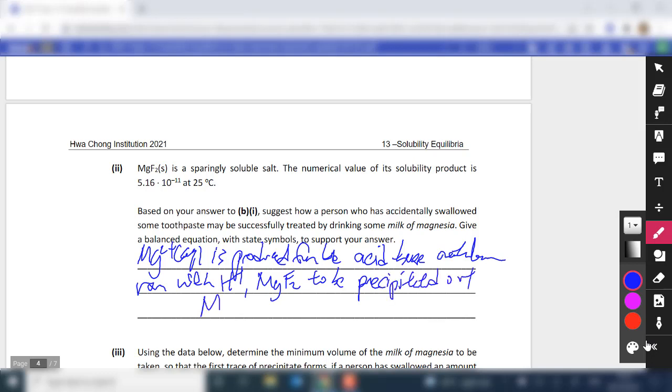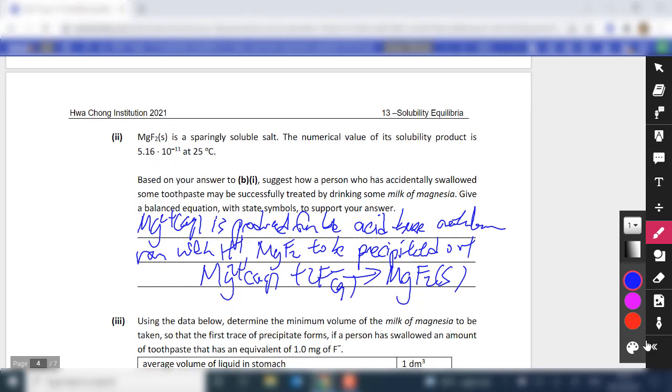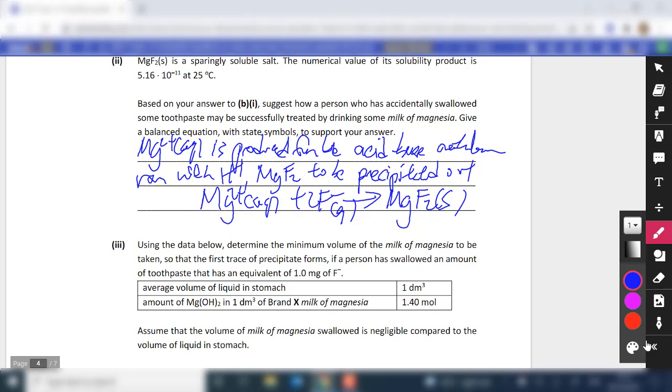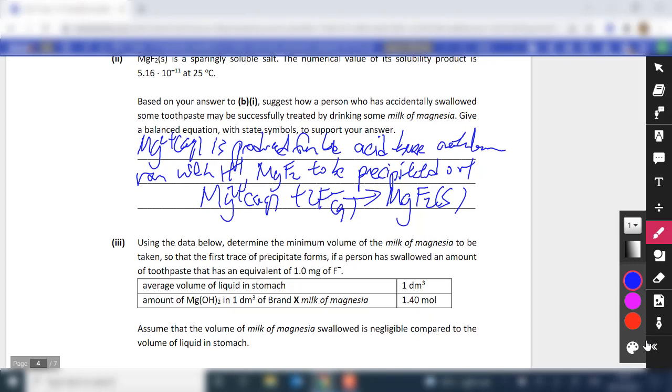According to this particular equation, plus 2F minus, and then you get MgF2 solid. Once it's precipitated out, it's not so easily absorbed by the body, and then you will pass it out when a person goes to the toilet.